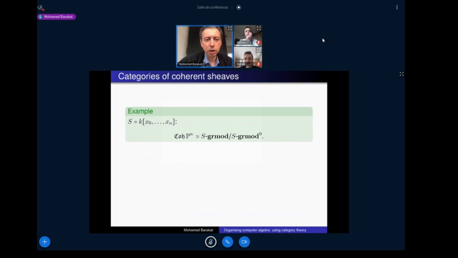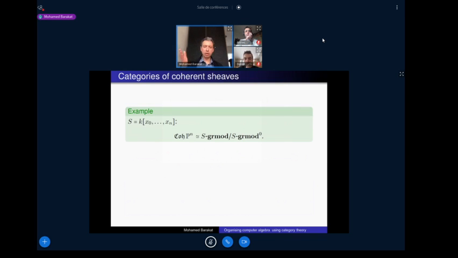So first of all, some examples. If S is the graded polynomial ring in the variables x0 to xn, then you can look at the category of finitely generated graded S-modules, and you can mod out those which are supported on 0. These are the so-called finite length graded modules.